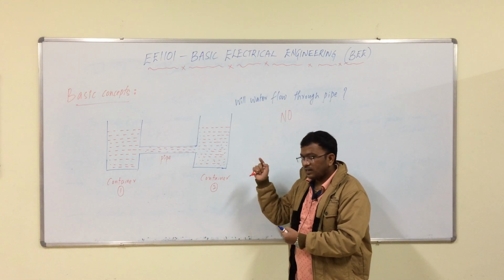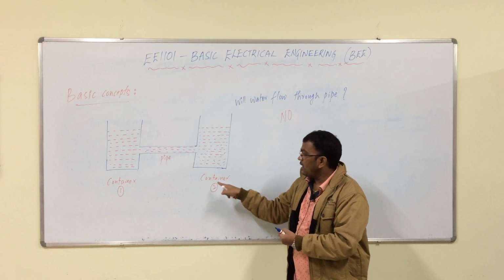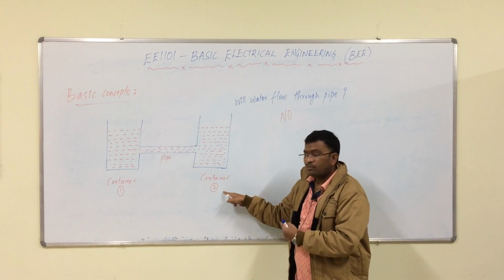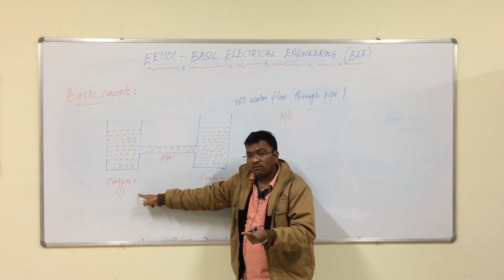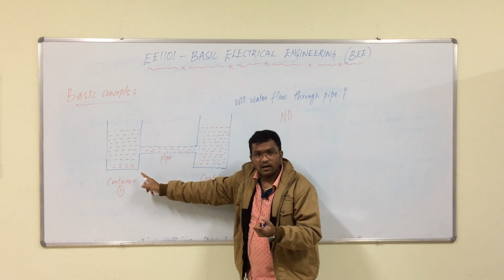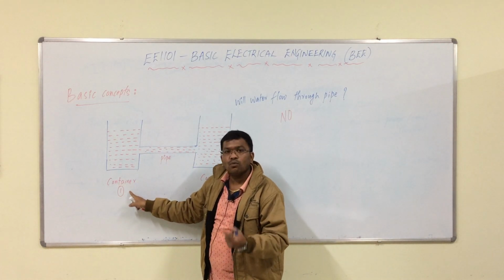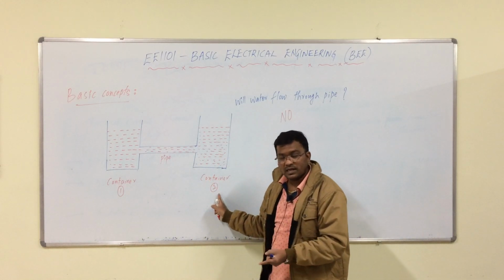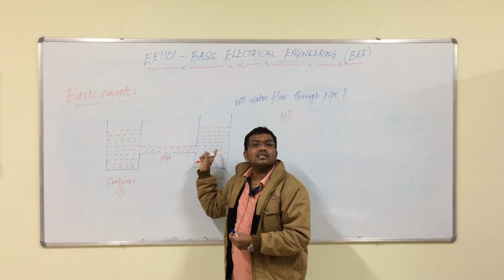Obviously, there is a water flow. For example, I am increasing the container 2 height above the height of container 1. Obviously, there is a water flow from this container to this container. Or if I consider container 1, the height of container 1 is more than that of container 2, obviously there is a water flow from this container to this container.